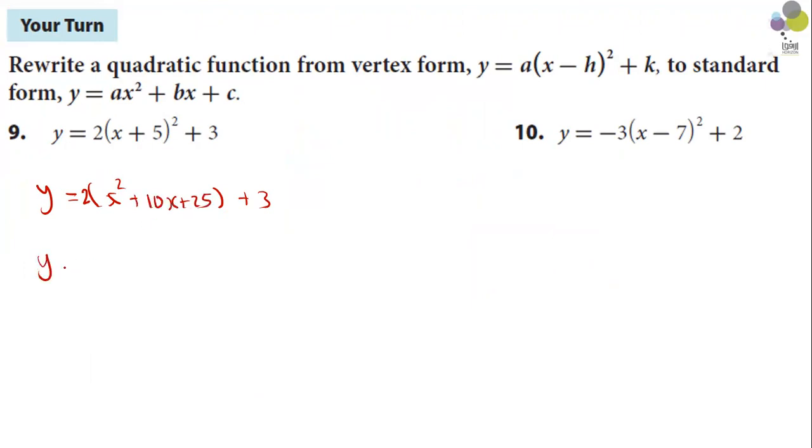Okay? y equals, distribute 2 inside, 2x squared plus 20x plus 50 plus 3. Here we have 2x squared plus 20x plus 53. Okay, this is about number 9. Number 10, you have a chance to do it.